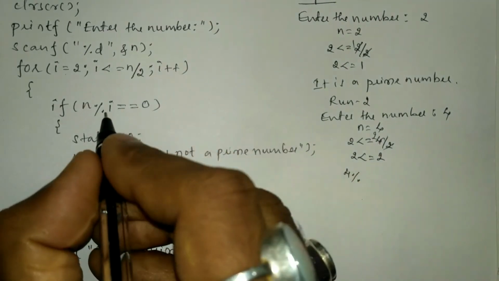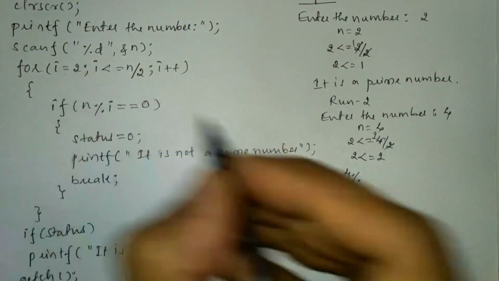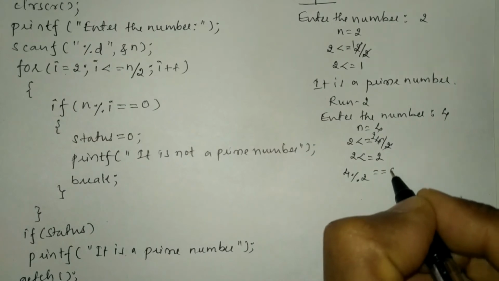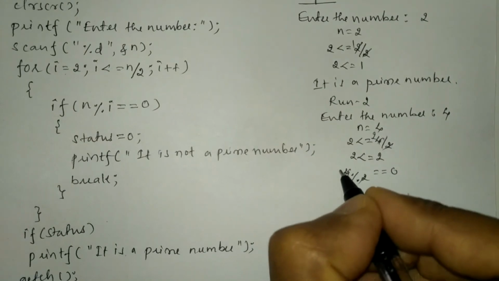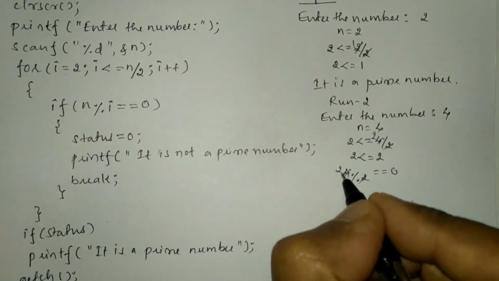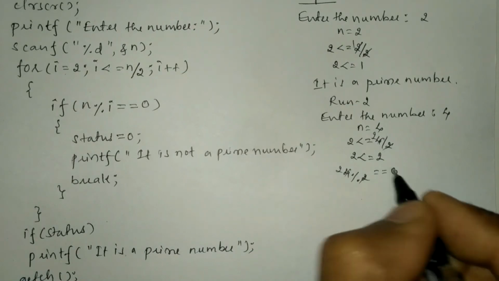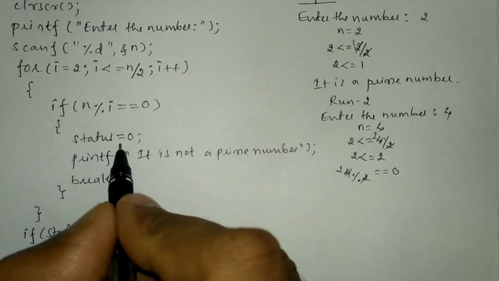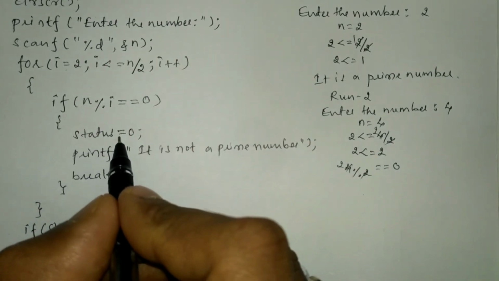Here n value is 4, modulo i, and for the first time i is equated with 2. So here we are going to get the remainder 0 because 4 is exactly divisible by 2: 2 ones are 2, 2 twos are 4, and the remainder will be 0. So it is also true. Once it is true, then the status is set to 0.